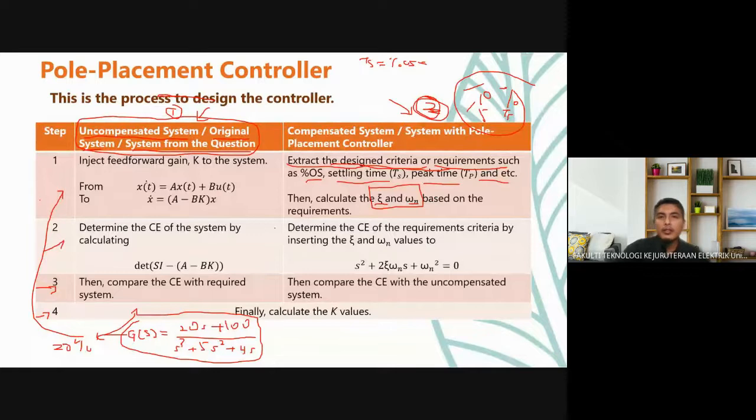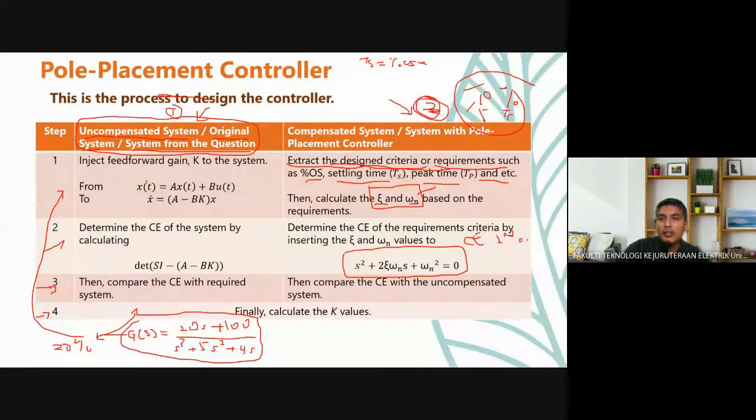Next, after you have this damping ratio and natural frequency, if you still remember in Control 1, you learned about this equation. This is the characteristic equation for the second order system only.